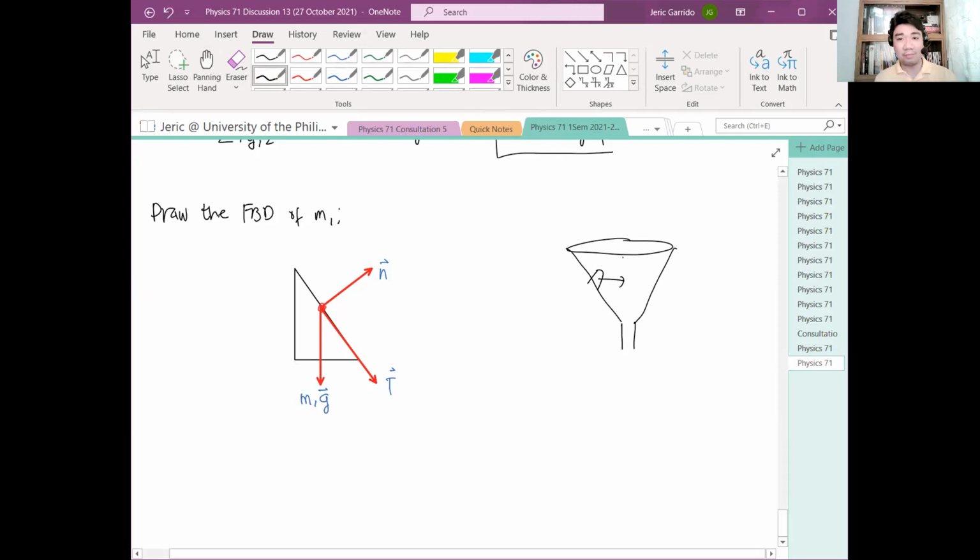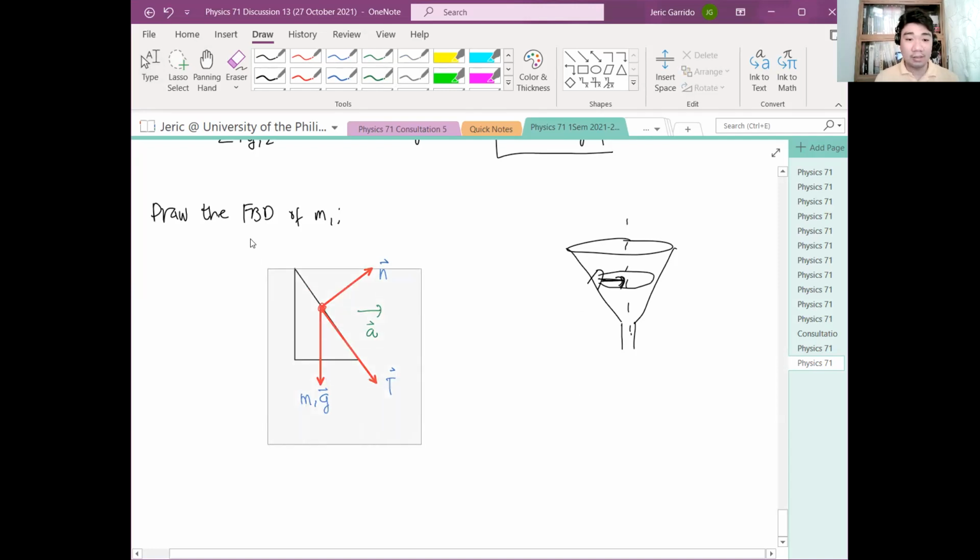As I said in the previous problem, the direction of the acceleration should be center seeking from the circle that is created by the motion. So I can create a circle here, and therefore it should point at the axis of the funnel. Hence, the acceleration is pointing towards this direction.